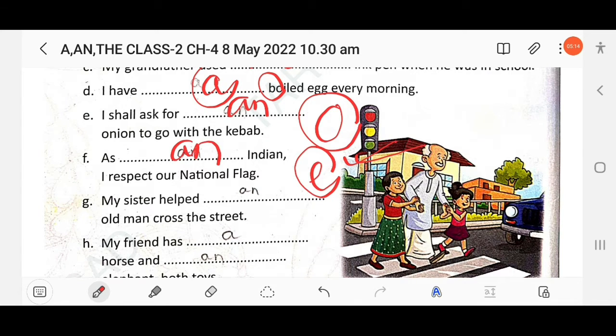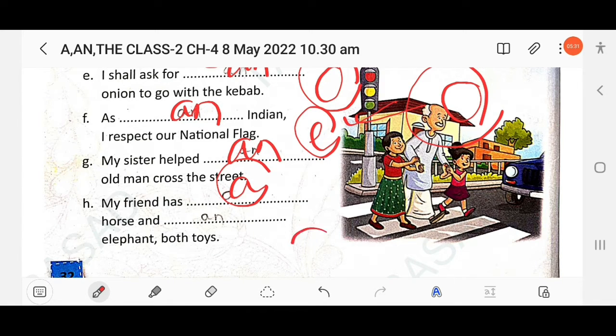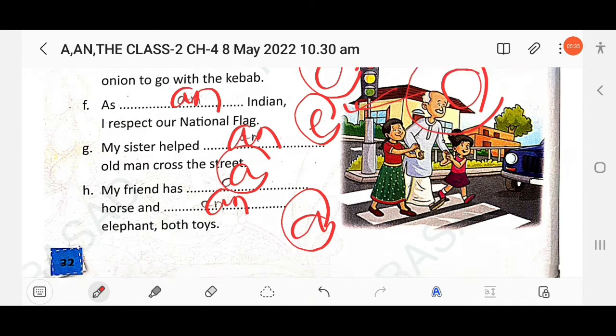So you have to use an Indian. The next: my sister helped dash old man, o. Here a vowel sound, so you have to use an. The next: my friend has a dash horse, a horse. Dash elephant, a. The pronunciation of elephant starts with a vowel sound, so you have to use an elephant. Clear?